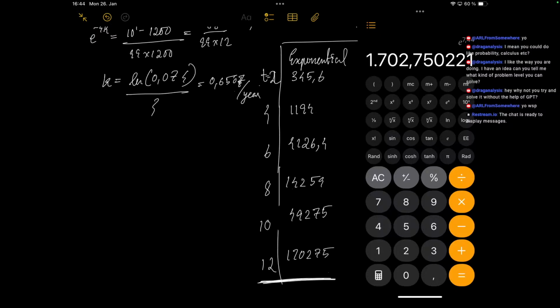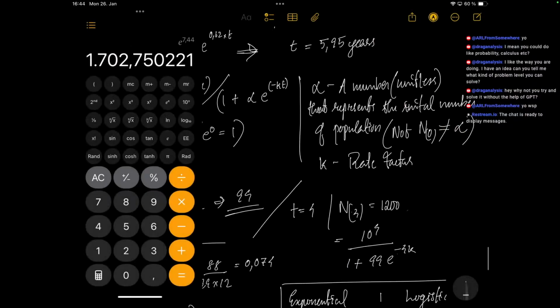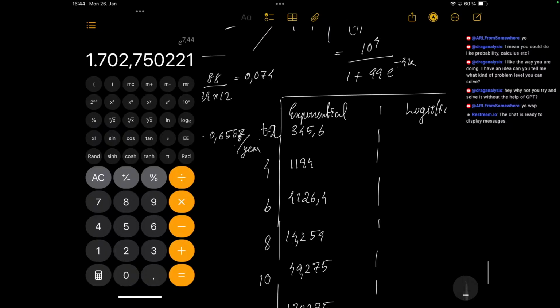Okay, that's a big number, god damn it. Logistic. Whew, that's a lot of calculation.